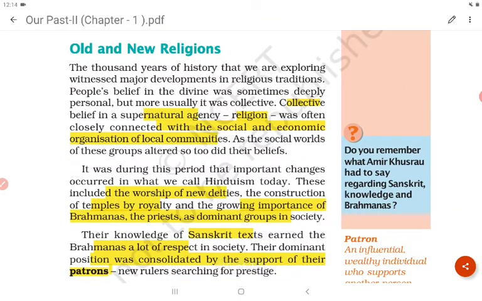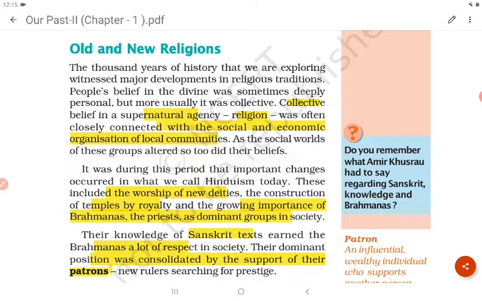Collective belief in a supernatural agency, religion, was often closely connected with the social and economic organization of local communities. As the social worlds of these groups altered, so too did their beliefs. It was during this period that important changes occurred in what we call Hinduism today.